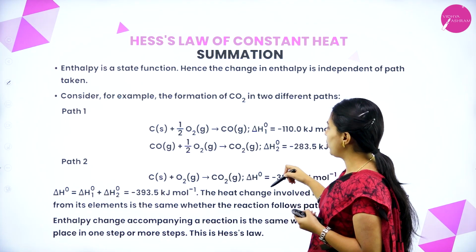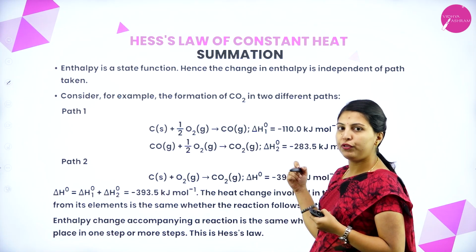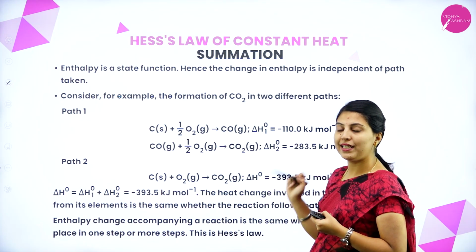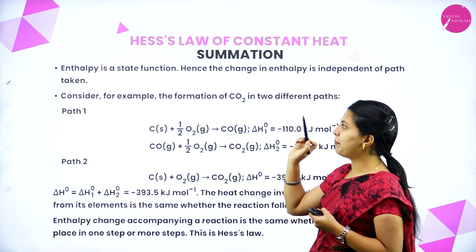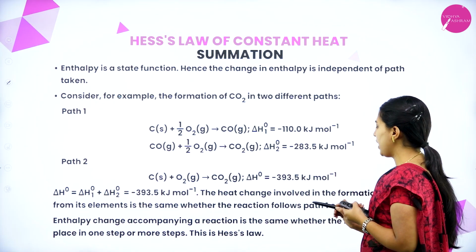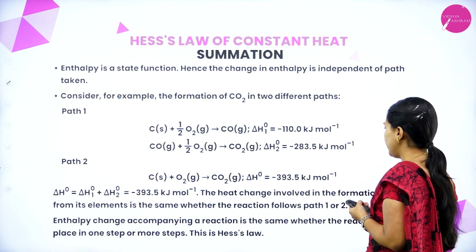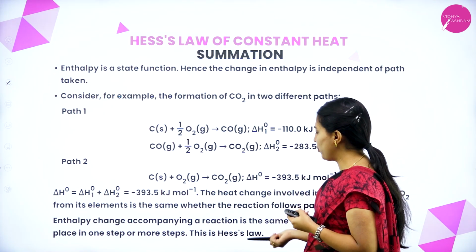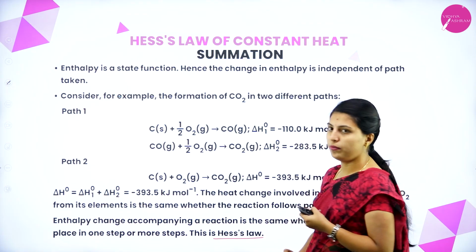Whatever the path, the enthalpy used to form carbon dioxide is the same. This proves that enthalpy is a state function, not a path function. Enthalpy change accompanying a reaction is the same whether the reaction takes place in one step or more steps. This is his law. Understand?